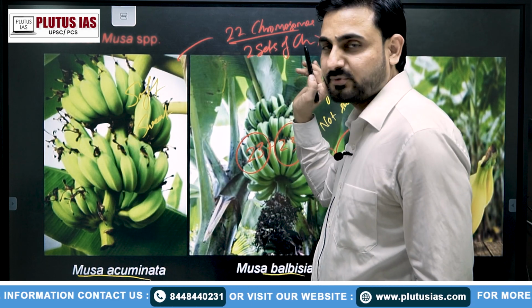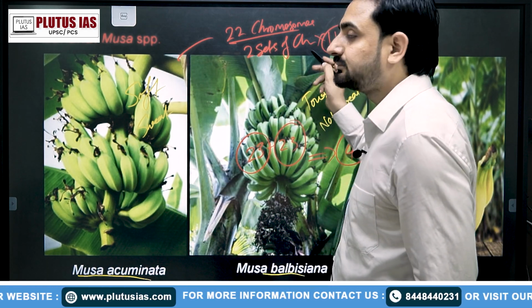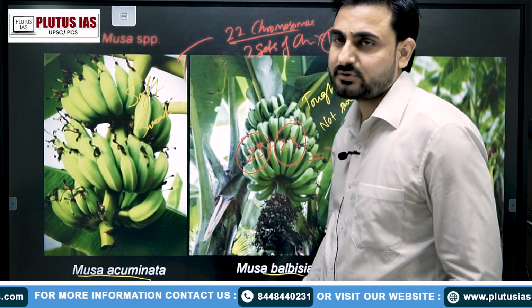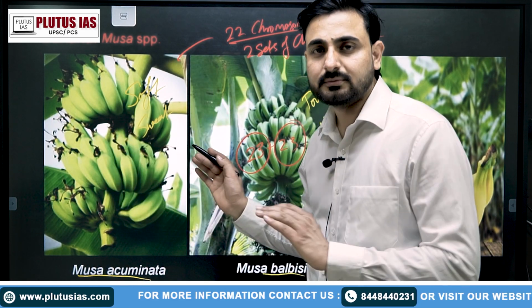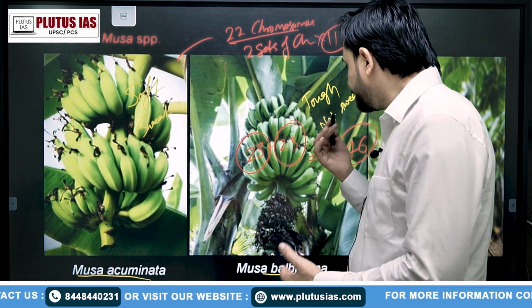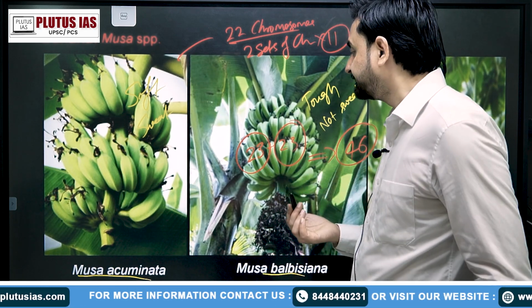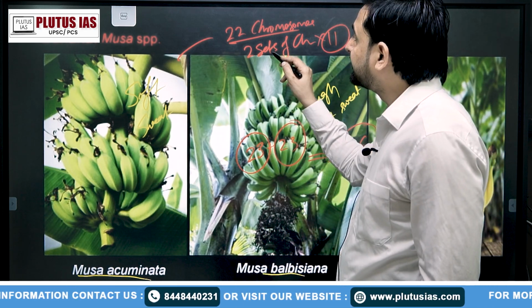Similarly, in banana, 11 chromosomes are given by each parent. So in the diploid condition there should be a total of 22 chromosomes. But technically, due to a natural error during crossbreeding, what happens?